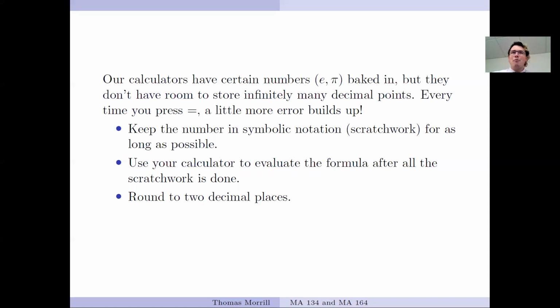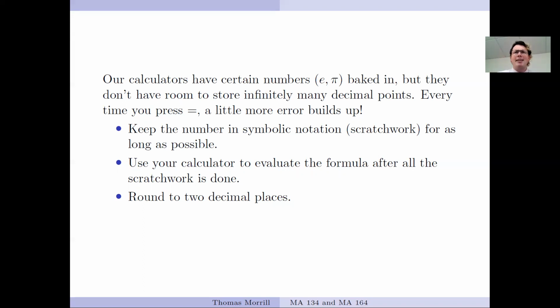So calculators are familiar with certain irrational numbers, and they can say, okay, this calculator knows the decimal expansion for e. This calculator knows the decimal expansion for pi. But as your calculator is working, it doesn't have enough space to store every single digit. And so your calculator is making a choice to truncate somewhere and just round to the next digit up.